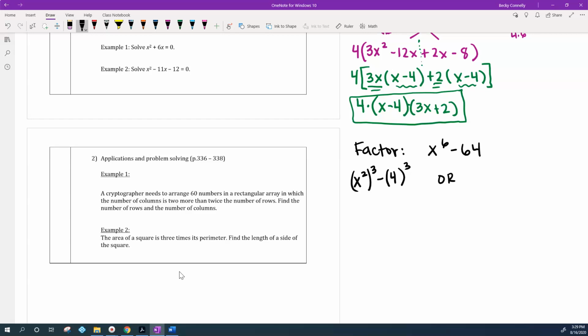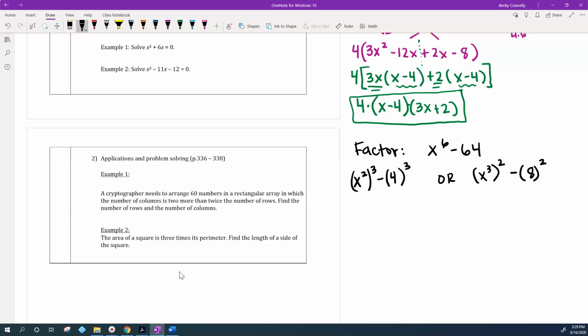Or I could write it as x cubed squared, which still gives me x to the 6th, and then minus 8 squared. So I could do this with either starting point. It doesn't matter where I begin, because in the end I will end up with the same answer.